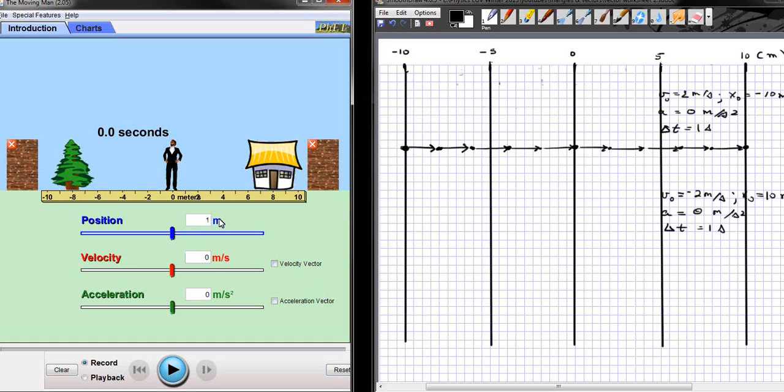I want to set him on the right side here, and I want to give him a velocity of -2 meters per second. And now have him execute that motion. So now he's moving at minus 2 meters per second. He's moving in the negative direction. I'm going to stop him when he gets to the other side there.